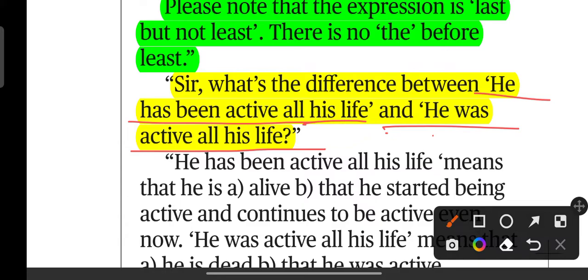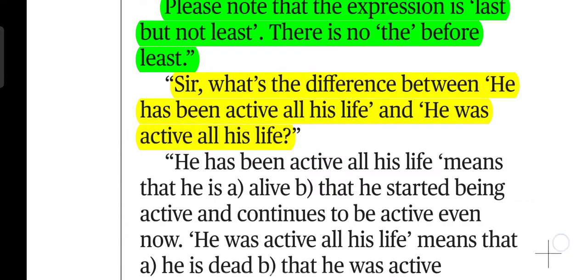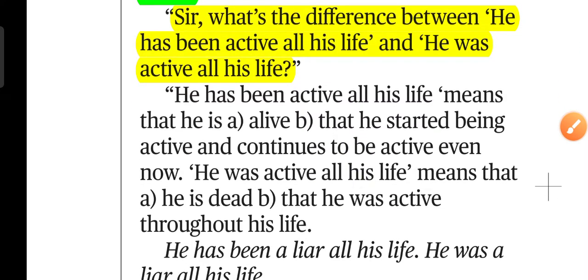So it doesn't matter whether that person is or is not; if someone is doing the same things as that person was in the past, then we can use "has been" or "have been", depending on the singular or plural subject.